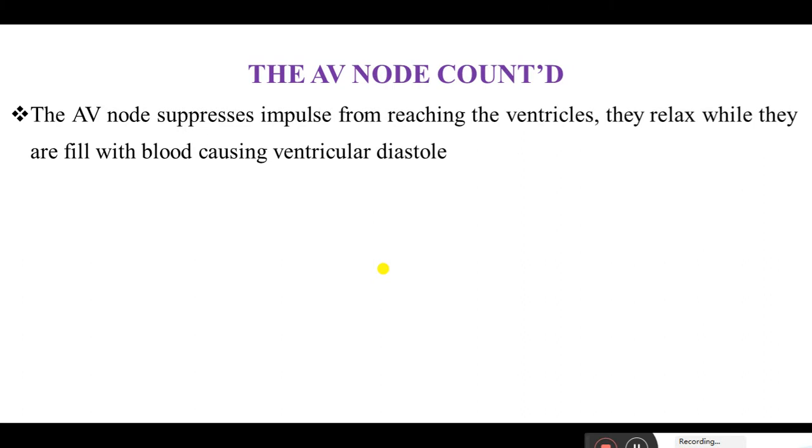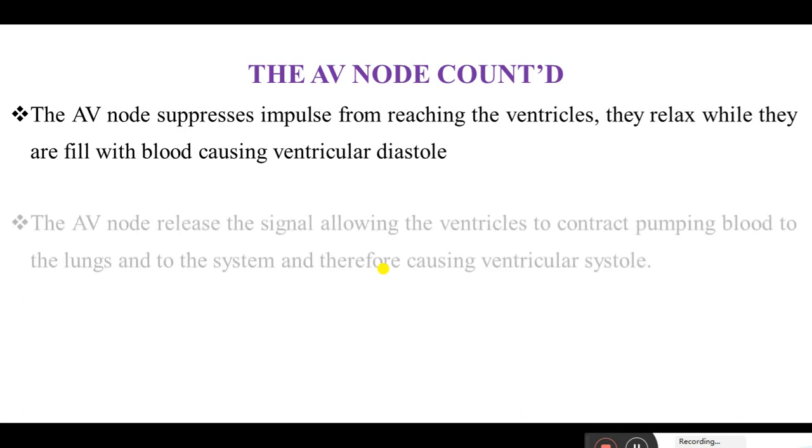The AV node suppresses the impulse from reaching the ventricles. At that point, the atria contract and blood is pumped down to the ventricles. The ventricles relax and are filled with blood, and that is the ventricular diastolic phase, relaxation of the ventricles.